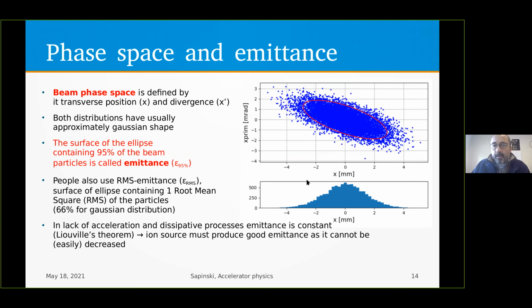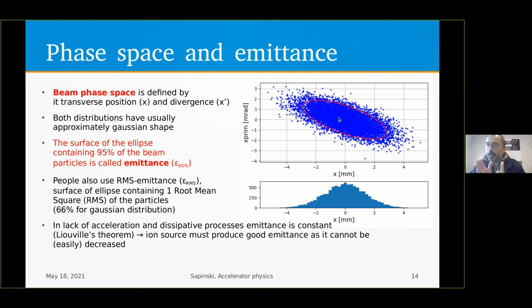First, look at the beam phase space. Phase space is here constructed from positions of particles and angles at which the particles move inside the beam. Each point is one particle in the beam, and each particle has a certain position with respect to, let's say, the center of the beam. We will talk about it a little bit more later, and it moves with a certain angle.